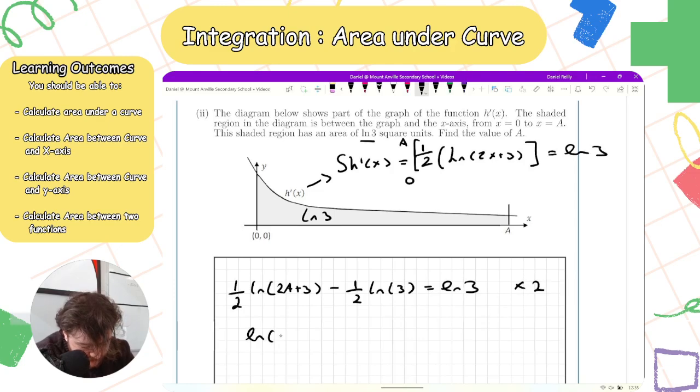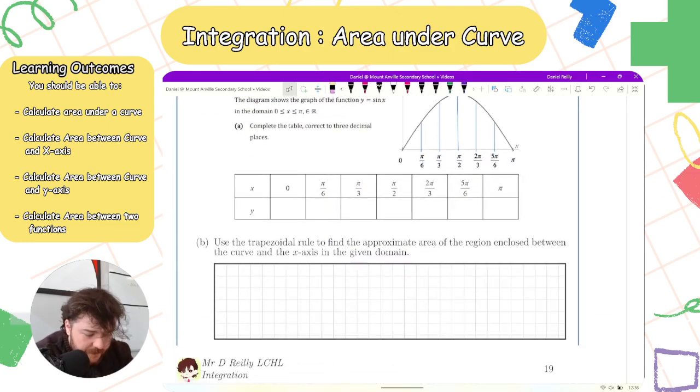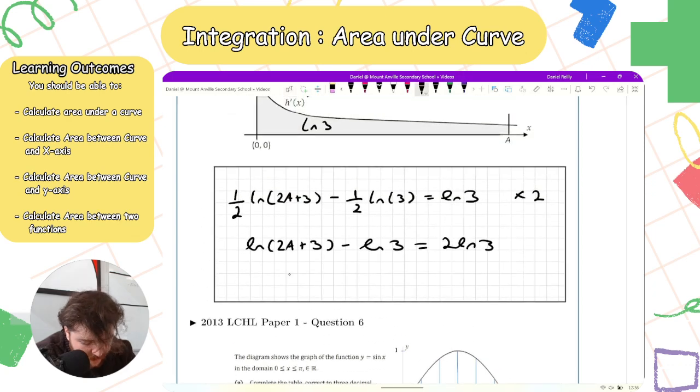So ln of 2a plus 3 minus ln 3 equals 2 ln 3. Bring over the other ln 3. So I'm going to have ln of 2a plus 3 is equal to 2 ln 3 plus ln 3, which is 3 ln 3.